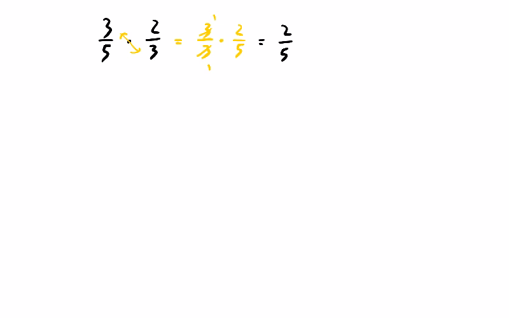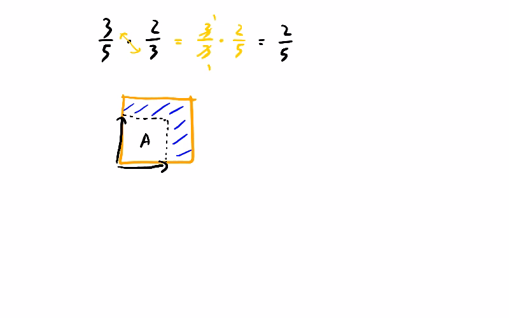Let's quickly check to make sure this makes sense. If we look at the area, if this were a 1 by 1 block, if I were to multiply a height of 3/5, might be about that big, by 2/3, might be about that big, and I fill in the area, the area that isn't shaded in looks like more than half of the block.